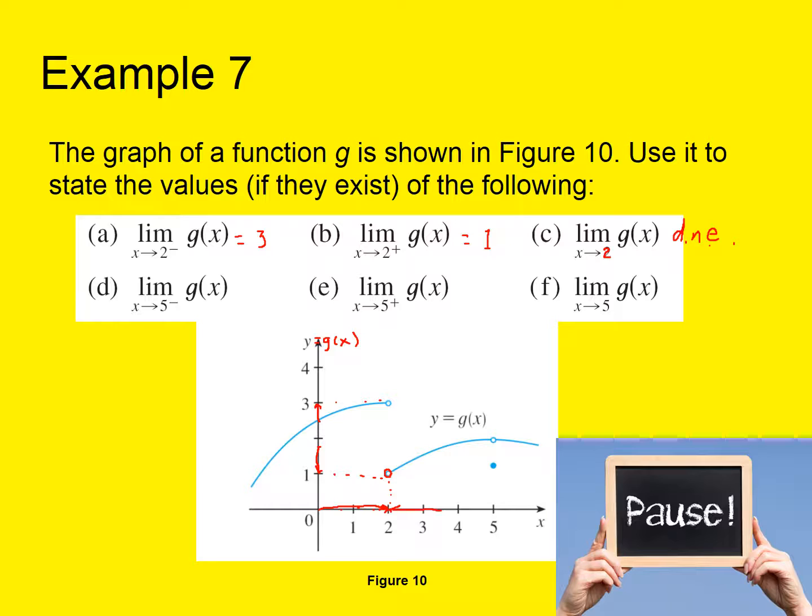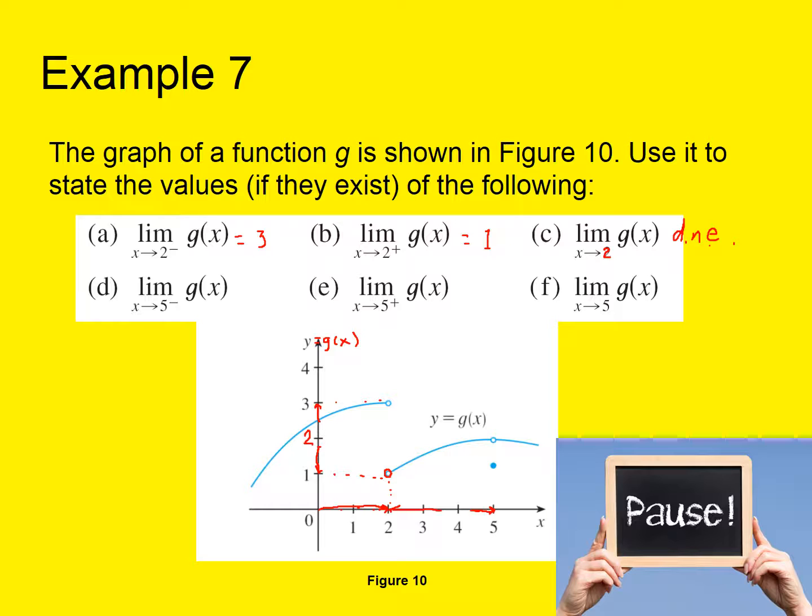Now 5, you can see something interesting has happened at x equals 5, kind of similar in a way, but in another way not. The limit as x approaches 5 from the left, well, as x approaches 5 from the left, g of x looks like it's going to 2.